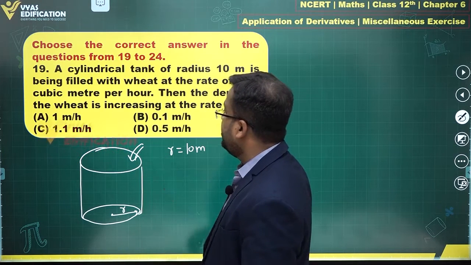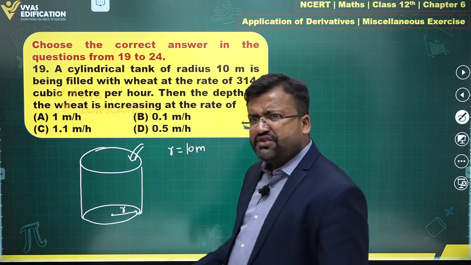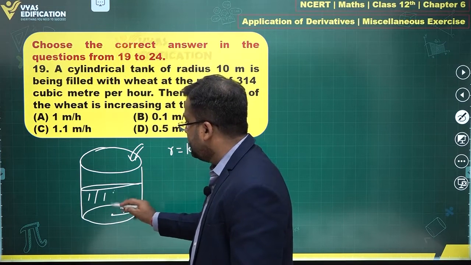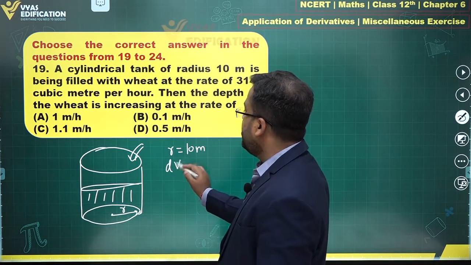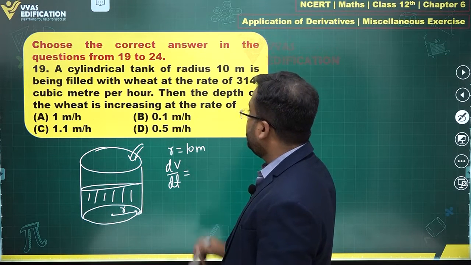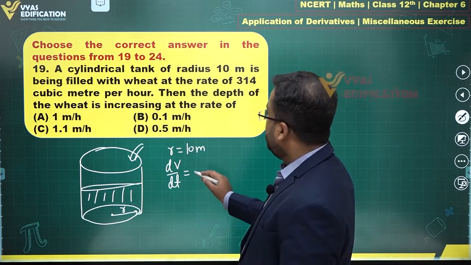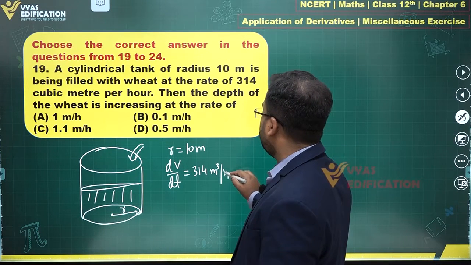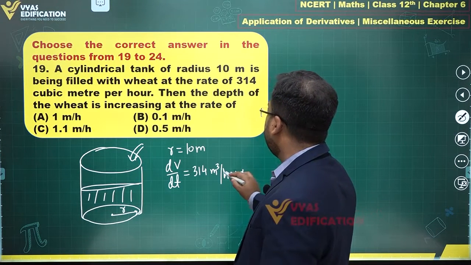Wheat is being poured in it. So the rate of change of volume, dV by dt, is equal to 314 meter cube per hour. This is what you have, right?